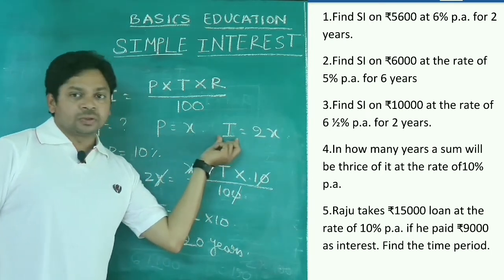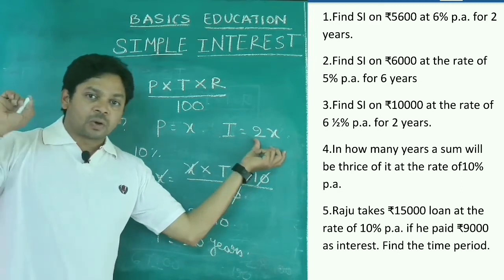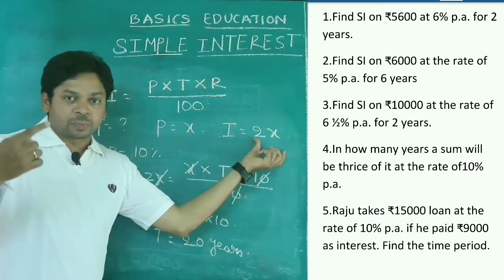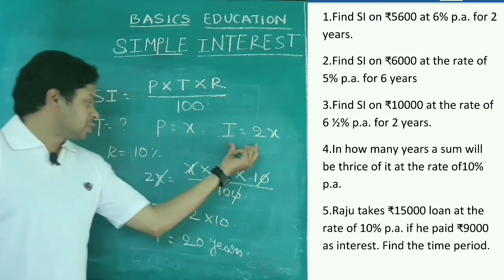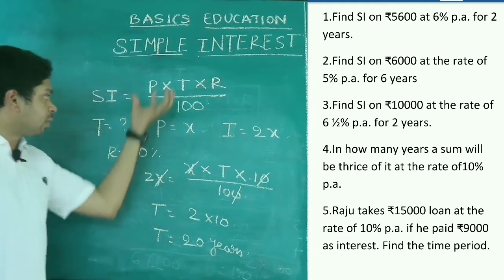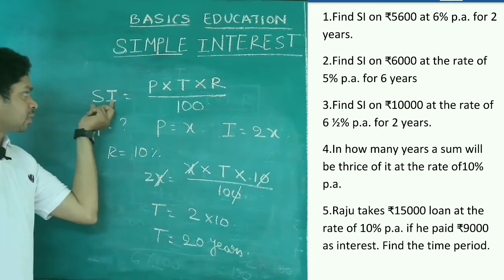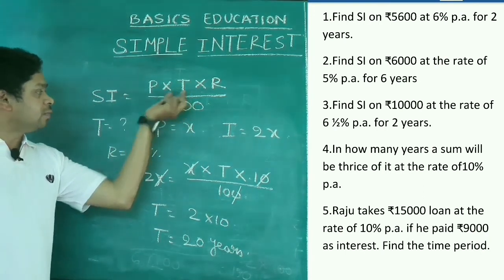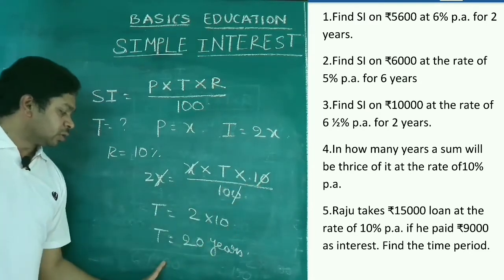In the data he has given the total amount after principal and interest is thrice, which means the interest should be 2x, and the rate he has given in the data is 10%. So from the formula, interest is 2x and principal is x, and time we have to know, and r is 10%. By calculation, t equals 20 years.